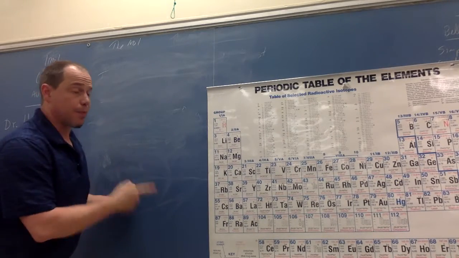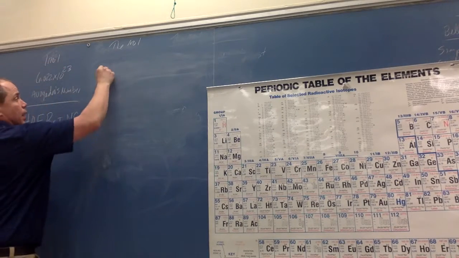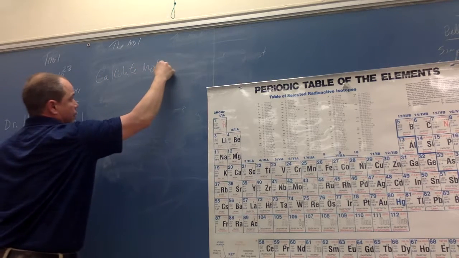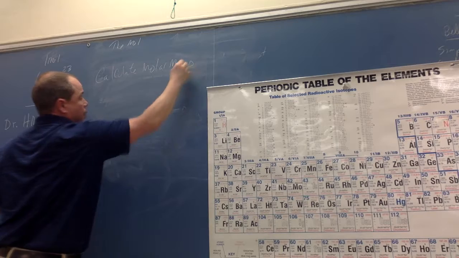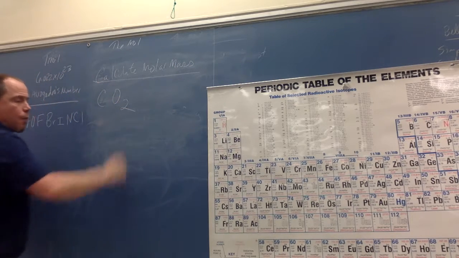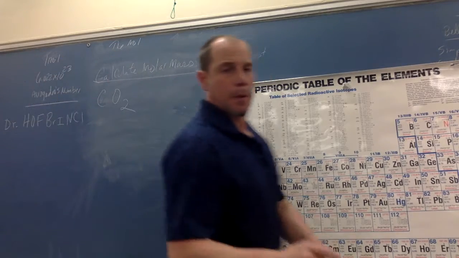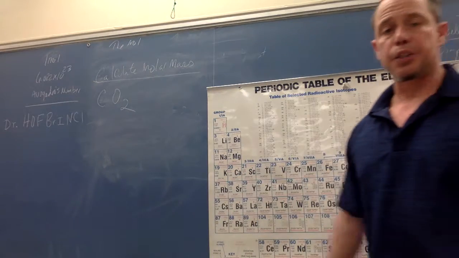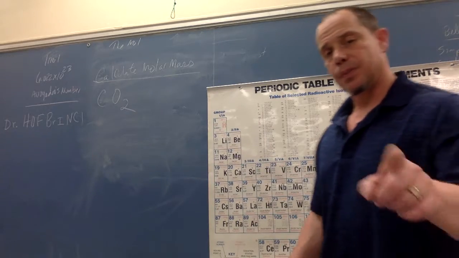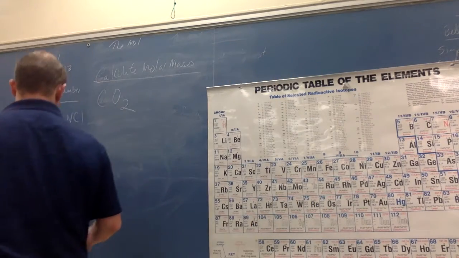This thing's trying to get away from me. So, calculate molar mass. Let's do CO2 first. So I have CO2 on the board. It's composed of 1 carbon and 2 oxygens. Let's find the molar mass of carbon first.